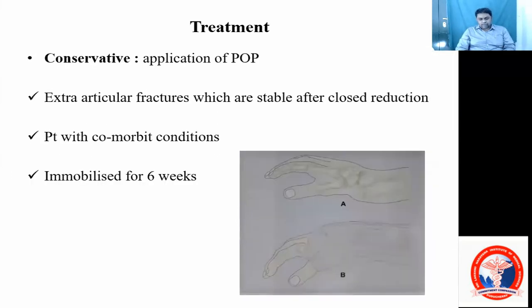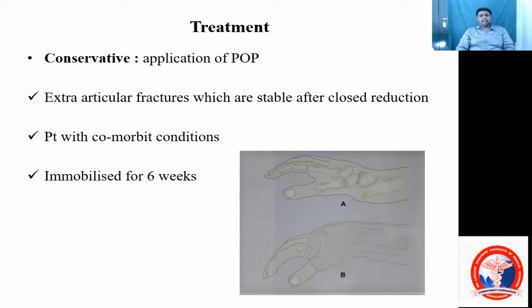Treatment. Whenever you come to a fracture treatment, there are two lines of treatment. One is the conservative line of treatment, another one is the surgical line of treatment. Conservative treatment is nothing but closed reduction and application of a POP slab for about 6 weeks for the fracture to unite.